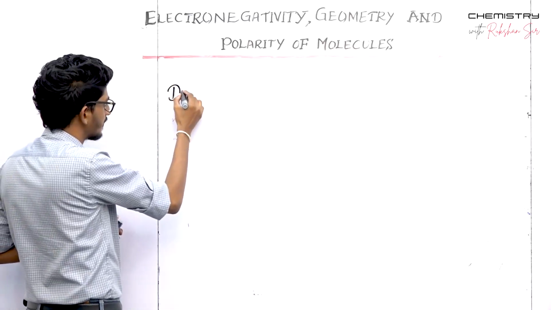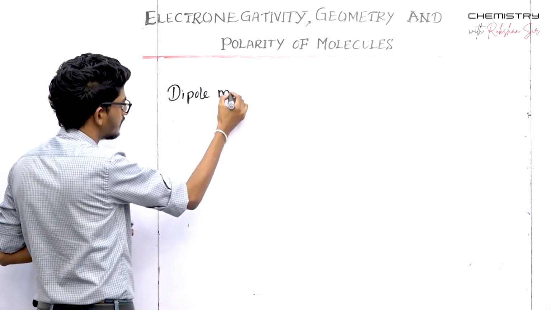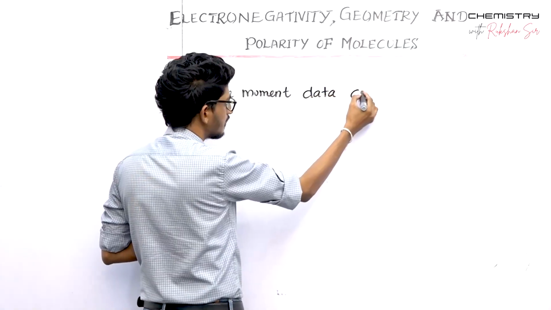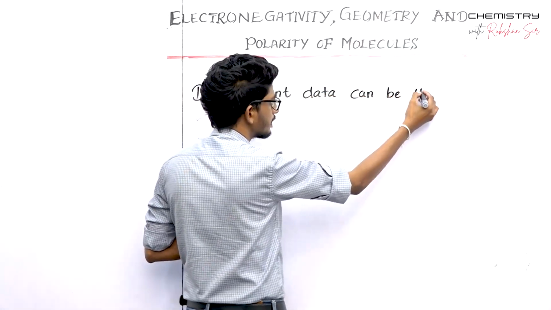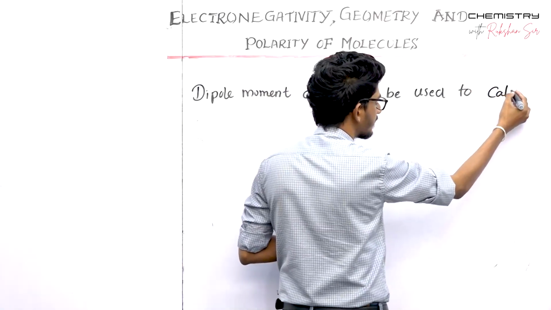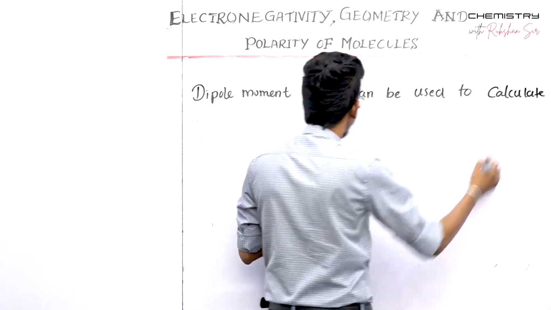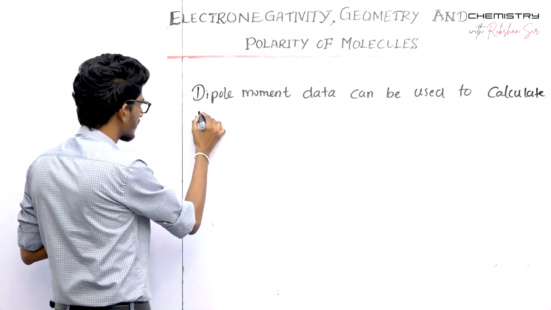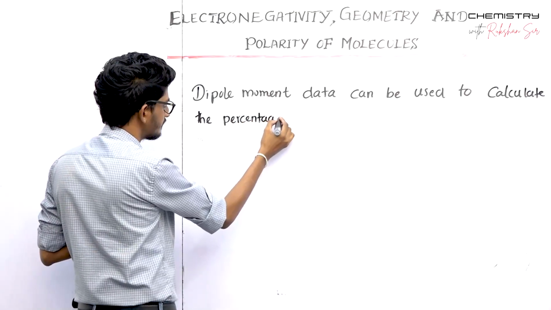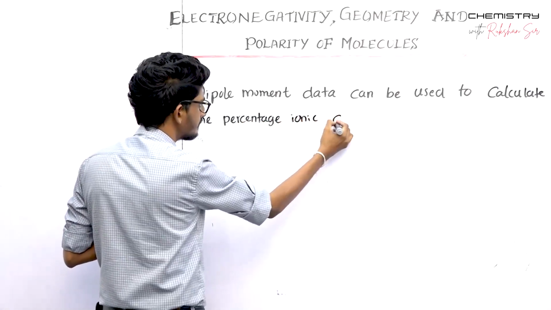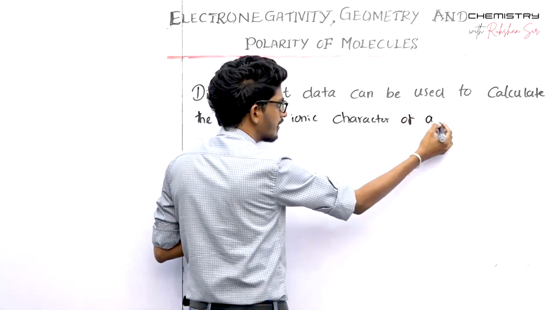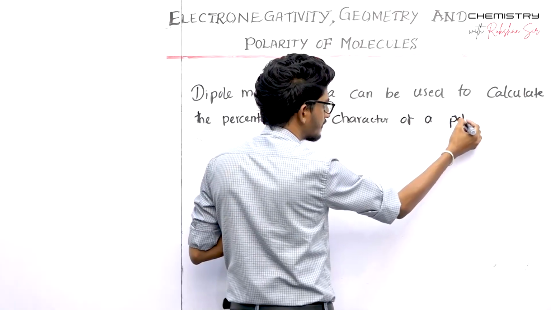So dipole moment data can be used to calculate the percentage ionic character of a polar covalent bond.